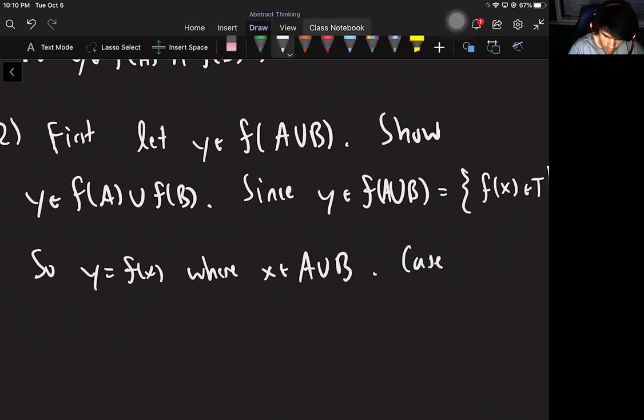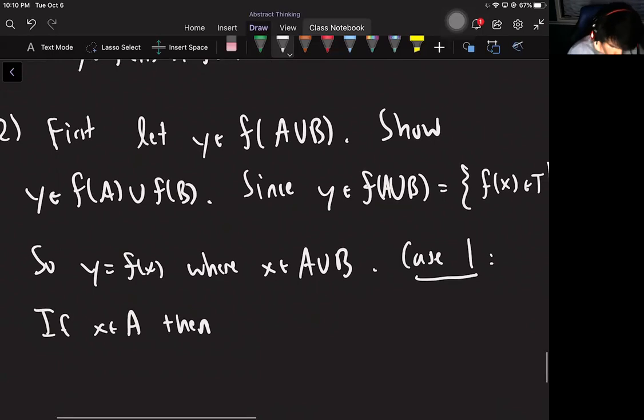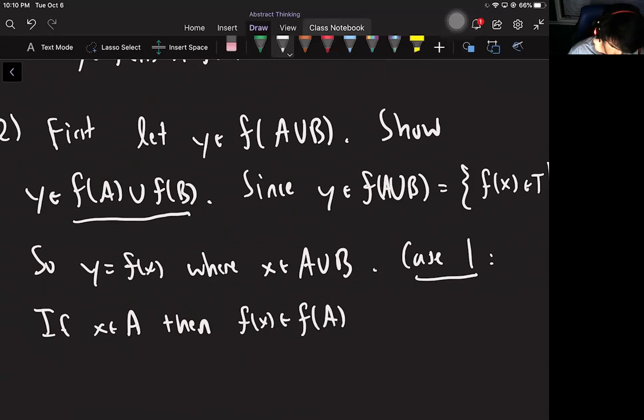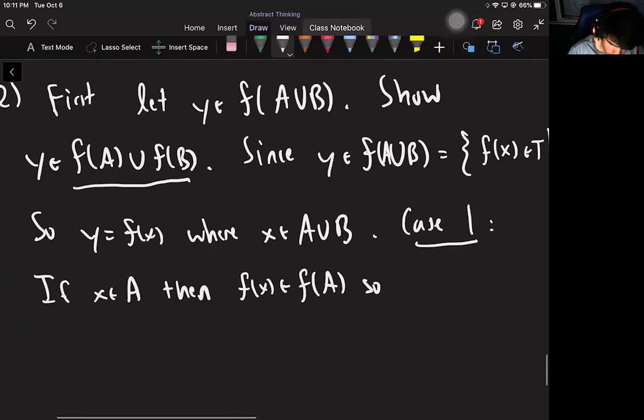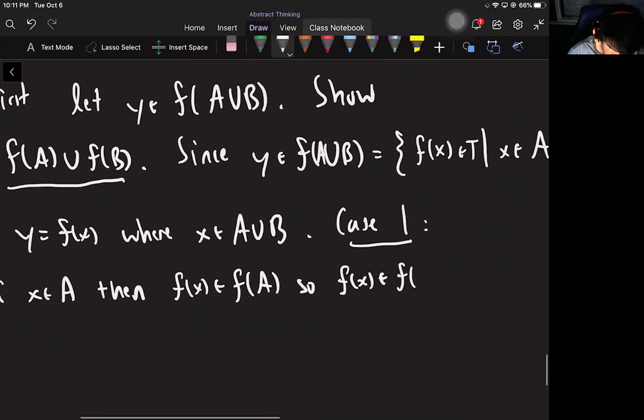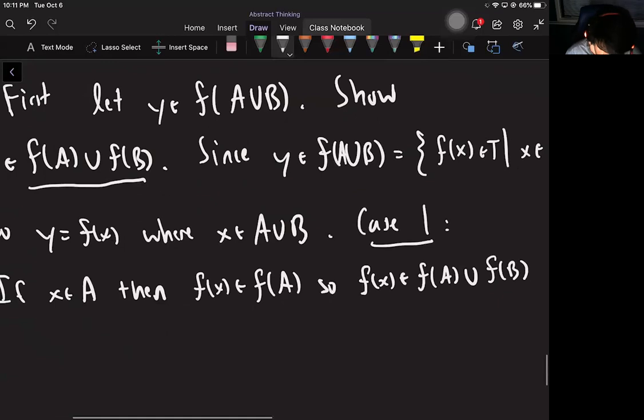Because x is in A or B, you can have two situations. If x is in A, then something will happen, and if x is in B, something else will happen. Well, I'm trying to get to here, and so what I'm going to do in this case is notice that since x is in A, just by definition, that means it gets sent to the image of A. But then if something is in one set, then it's automatically in that set or whatever other set you feel like adding onto it, because it just has to be in one or the other to be in that union.